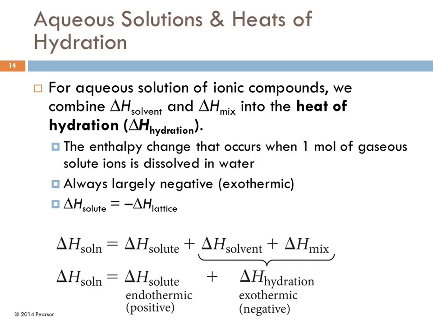Yes, it is. So if the lattice energy was negative and delta H for the solute, the energy to separate the solute particles, is equal to the lattice energy with the sign changed, then this has to be positive, right? So this is going to be a positive number. This is going to be a negative number.